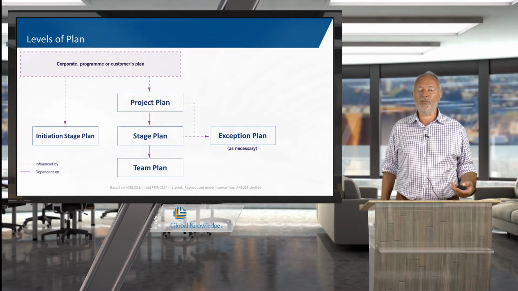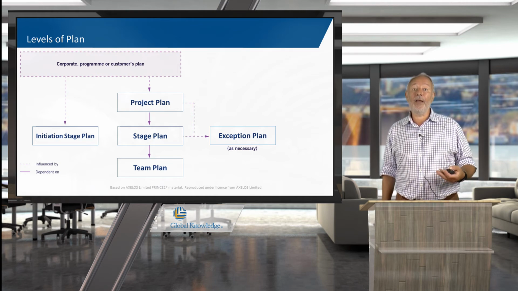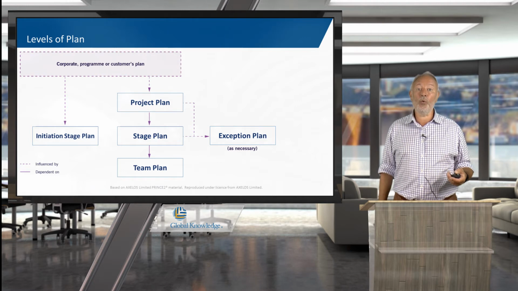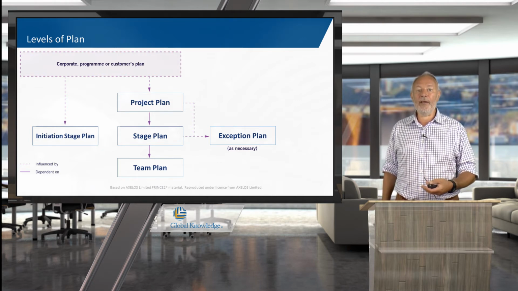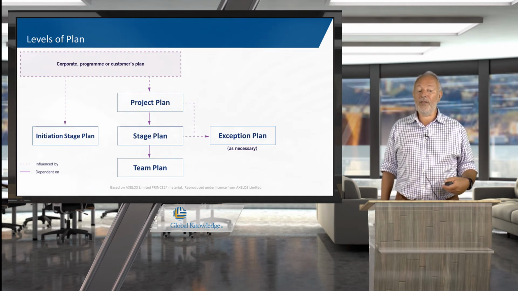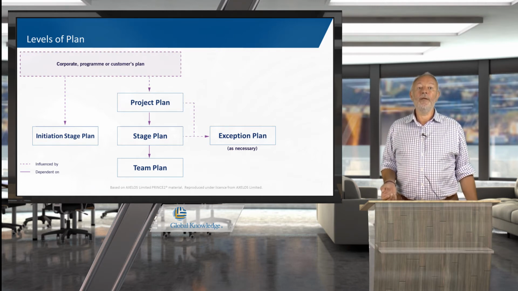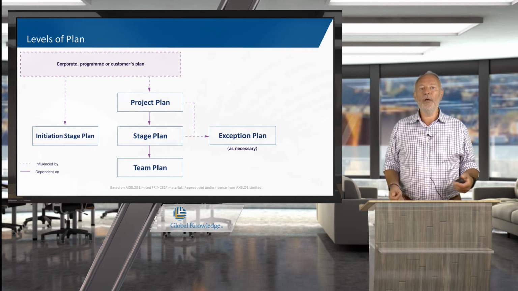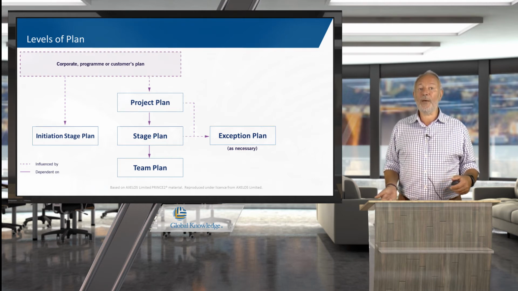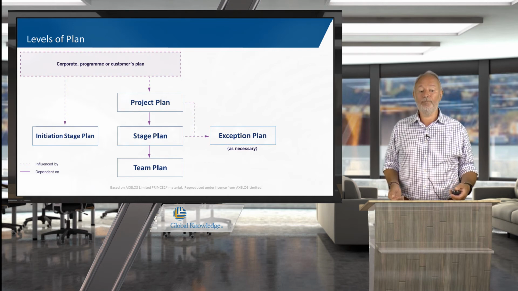So that's our 3 levels of plan: project plan, stage plan, team plan, and that aligns with our directing, the project board, managing the project manager, and delivering the team manager. Now, in the circumstances where the project plan or the stage plan have gone wrong, then we may be looking to utilize an exception plan to show how we're going to put things back together.